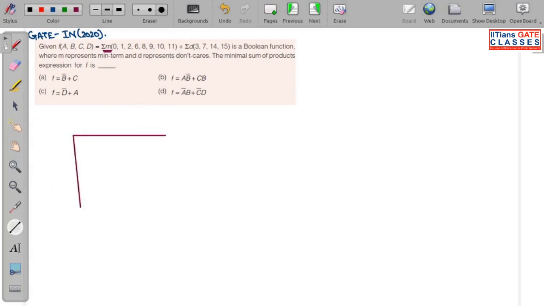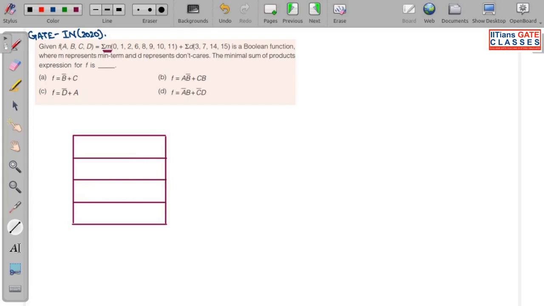So if we do that, such types of questions are basically asked, these are very simple questions, so that the difficulty level of the paper comes down a little bit. So take care of the numbering.